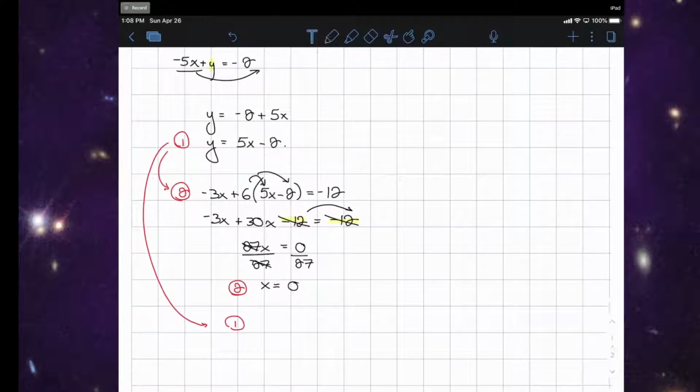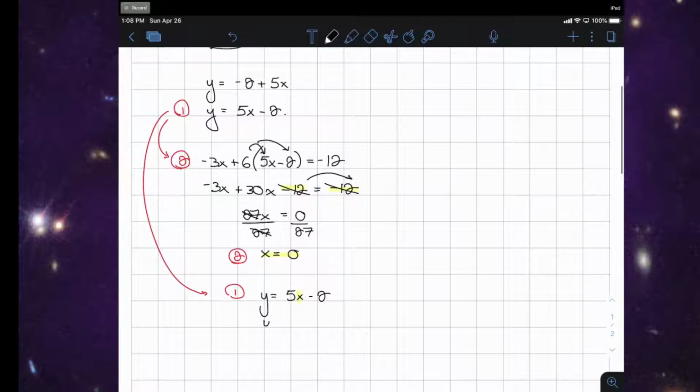So I have y is equal to 5x minus 2, and instead of x, I'm going to write 0 because that's what I found x to be. So I get y is equal to 5 times 0 minus 2. So 5 times 0, that's 0. Therefore, y is equal to -2.